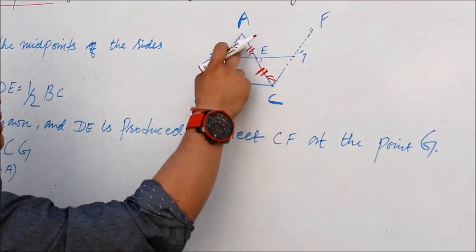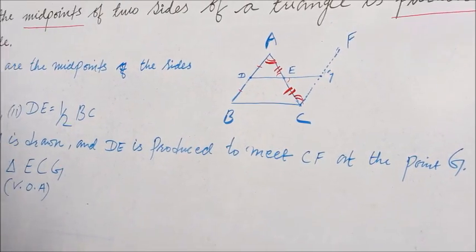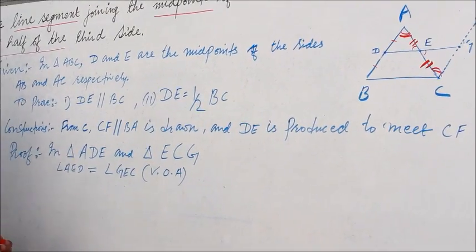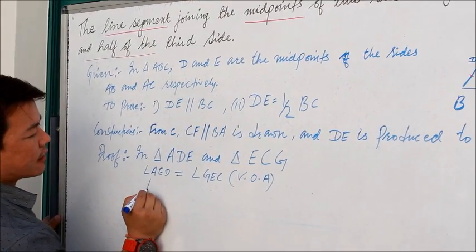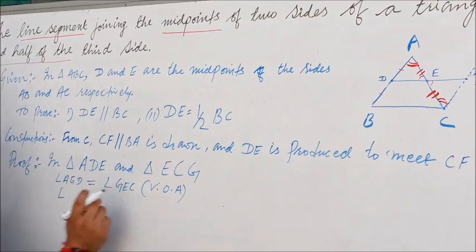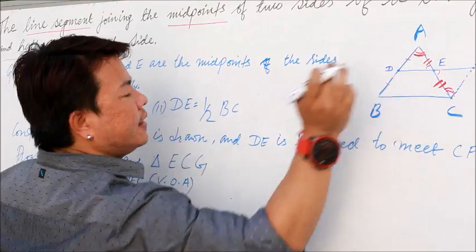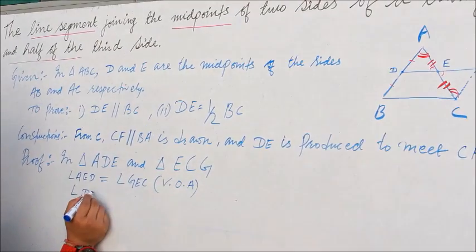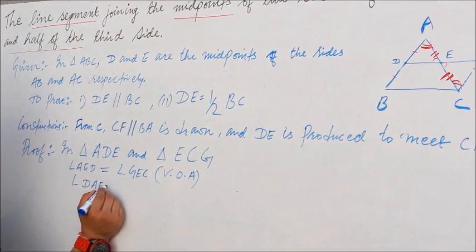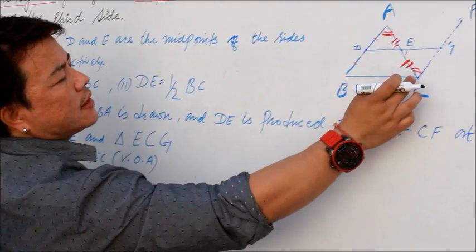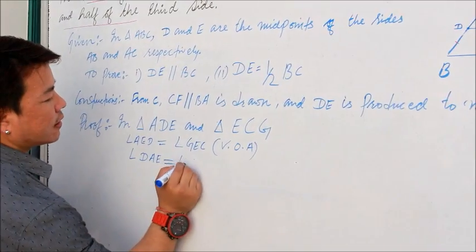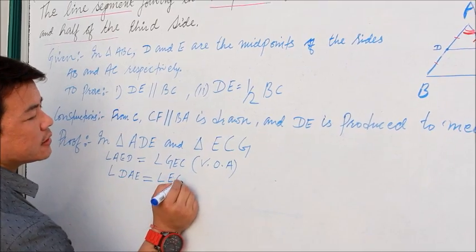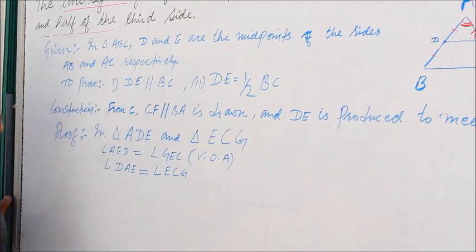So we can write here angle DAE is equal to angle ECG.